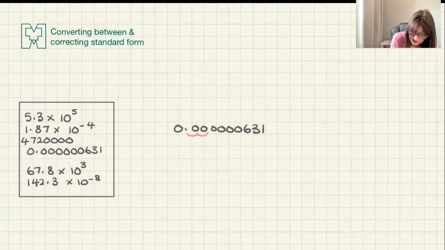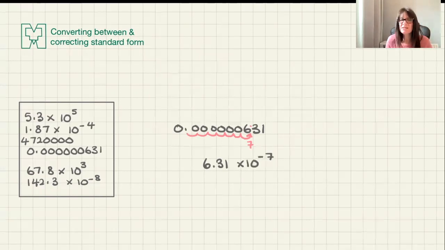So 1, 2, 3, 4, 5, 6, 7, and stop. I want my decimal point to be after the first digit with value. So I've got 6.31, and that will be times 10. And this time it's -7 because I started with a small number.